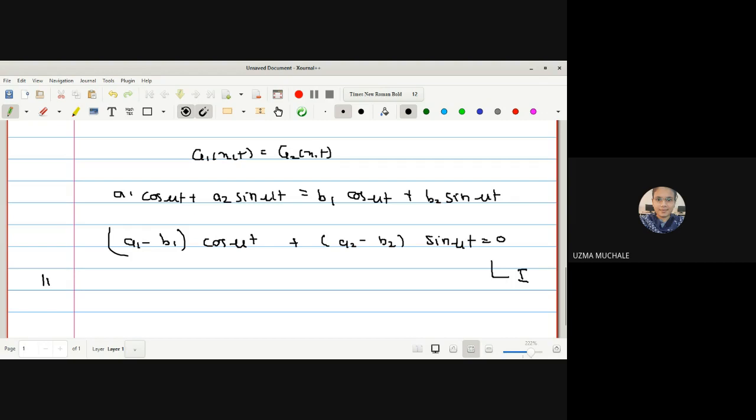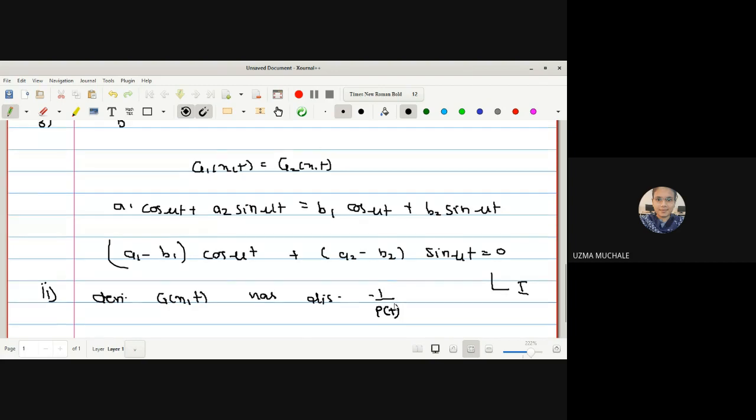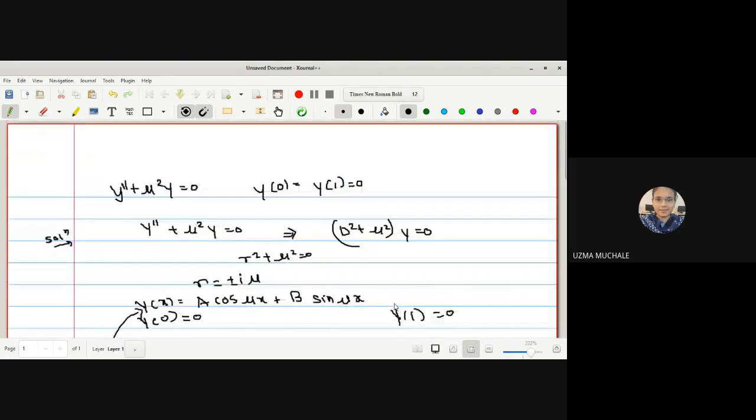The second condition: derivative of g of x, t has a discontinuity of order minus 1 upon p of t. What do you mean by p of t? It is nothing but the coefficient of the highest order derivative, that is y double dash. What is the coefficient of y double dash here?